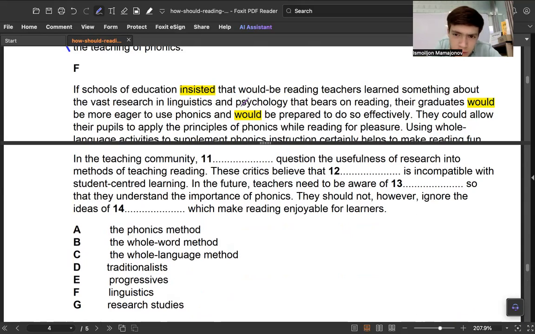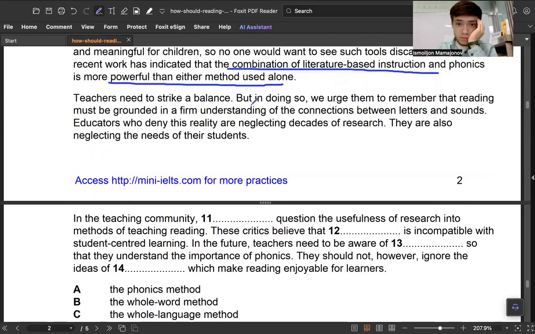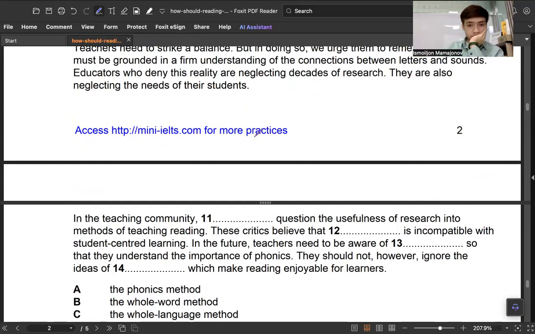These critics believe that... even more. Okay. I think the answer is somewhere in the end. This is the end.